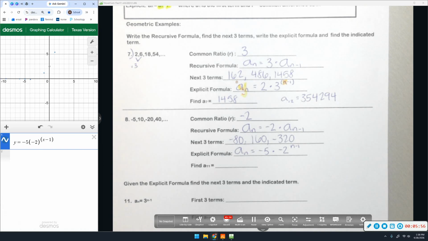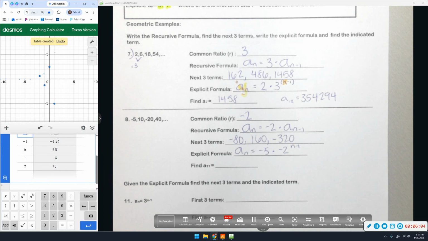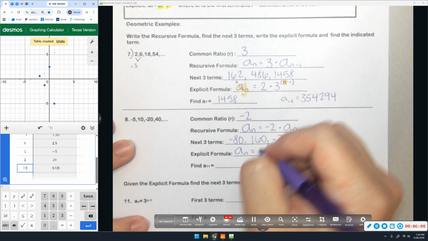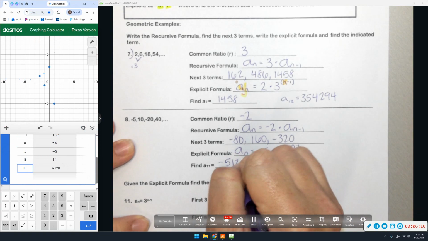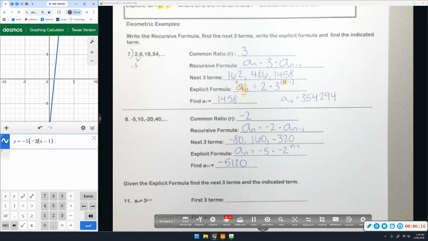Also, do y'all notice the graph is exponential? It's not linear. Okay, so cogwheel table, and it worked. So we're looking for the 11th term, which is negative 5,120. Now watch what happens if I type it without parentheses. Oh, that's not what I meant to do. Dang it. Let's start over.